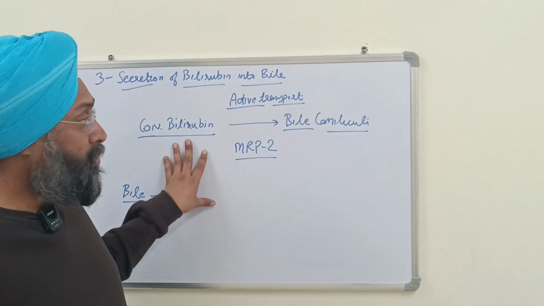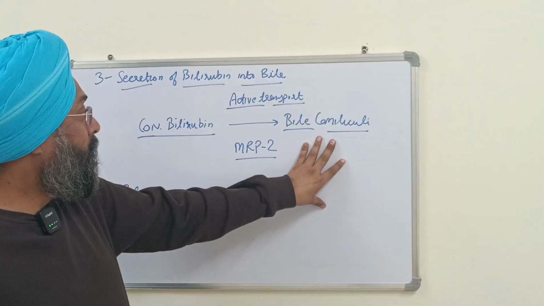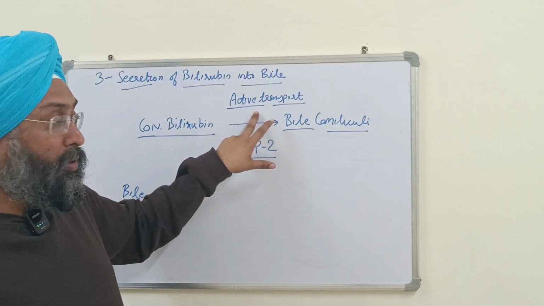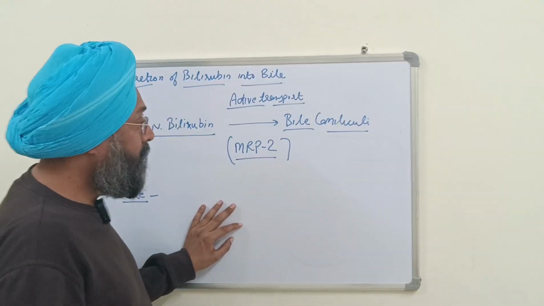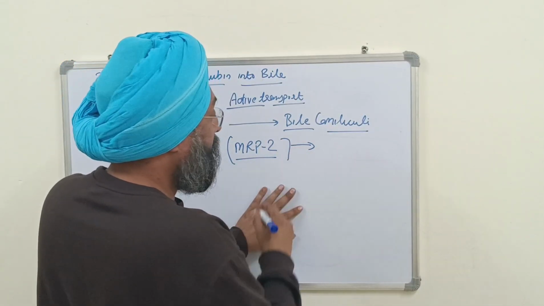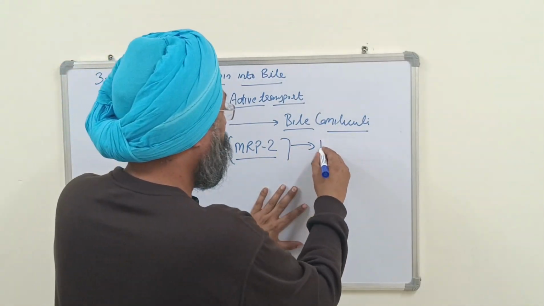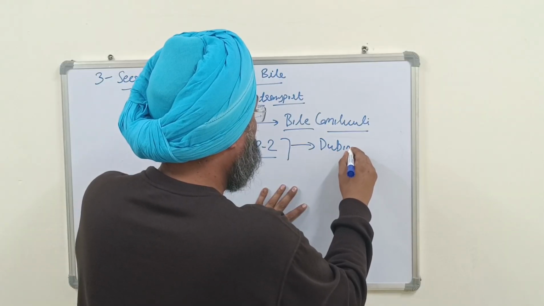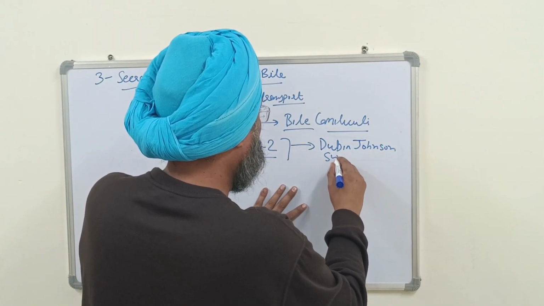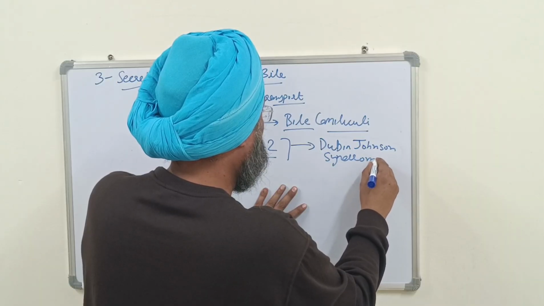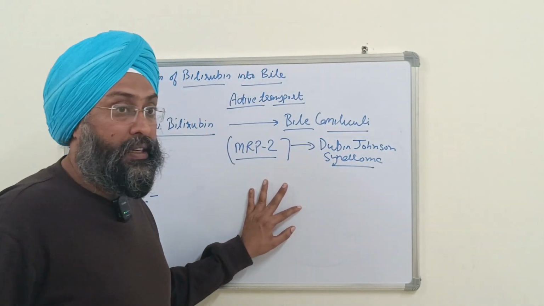Now this conjugated bilirubin will enter the bile canaliculi via active transport, and for this we need multidrug resistance-like protein 2, and a defect or mutation in this will cause Dubin-Johnson syndrome.